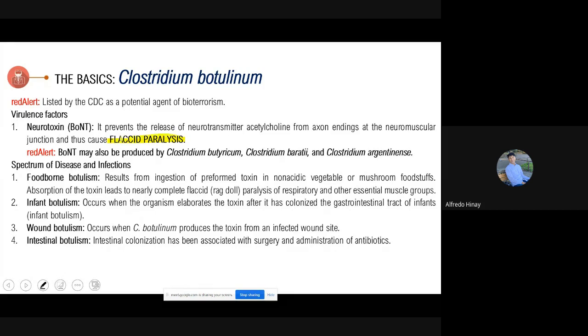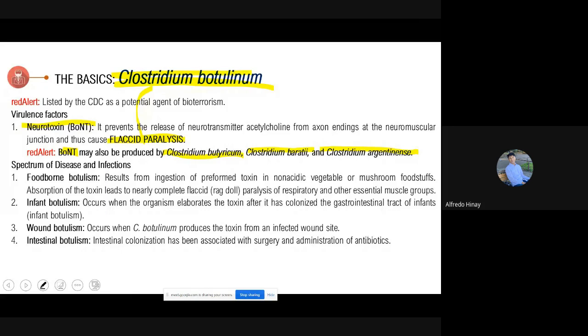This is the most common cause of flaccid paralysis, your Clostridium botulinum. But take note with this one, because the botulinum neurotoxin is not solely produced by Clostridium botulinum. Who else produces it? You have Clostridium butyricum, Clostridium baratii, and Clostridium argentinense.